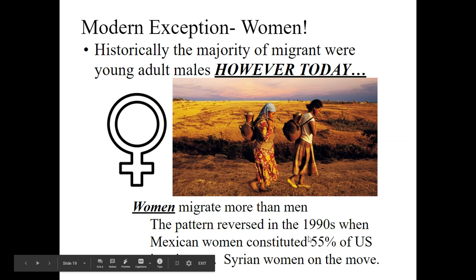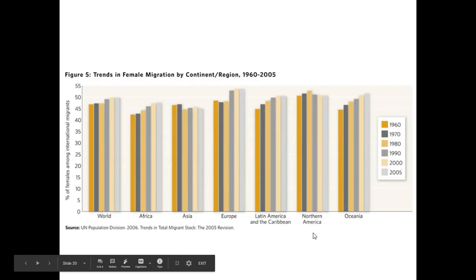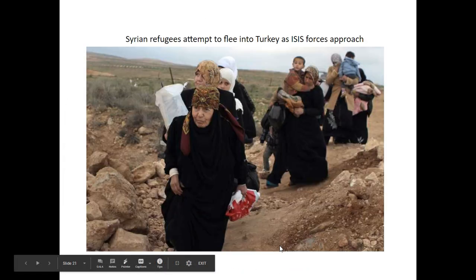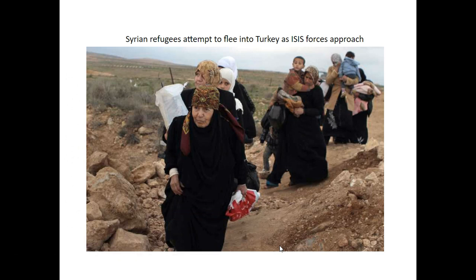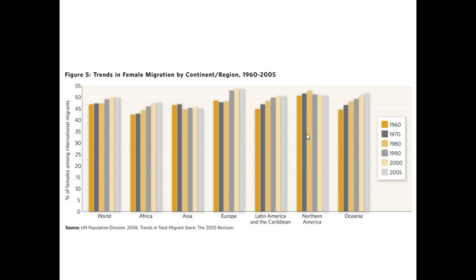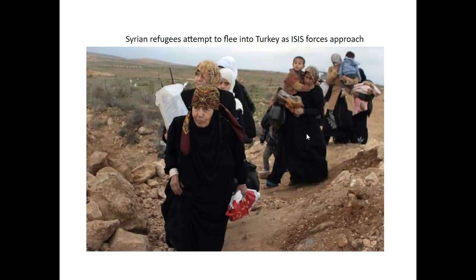And I have a stat here that in the 1990s, Mexican women were 55% of the US immigrants. Syrian women in the next picture here are on the move. So that's a modern exception. Ravenstein usually said it used to be just men, but now it seems to be women too. And you can see the trend is for more women to go without their partner and just try and seek safety or job opportunities on their own.